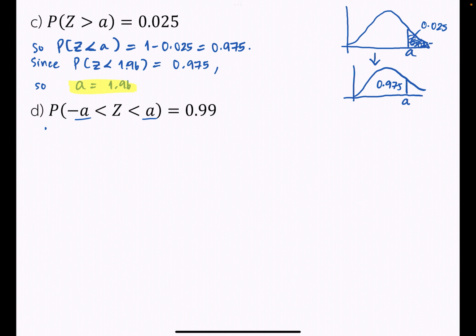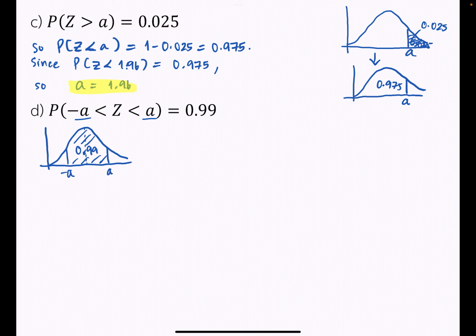The graph is symmetric. So if A is here, minus A is here, reflected over the middle, which is the mean. The mean is 0. So we're looking for A such that the area in the middle is 0.99.